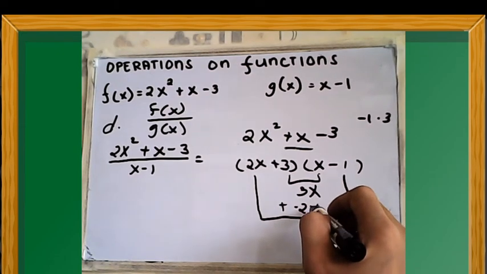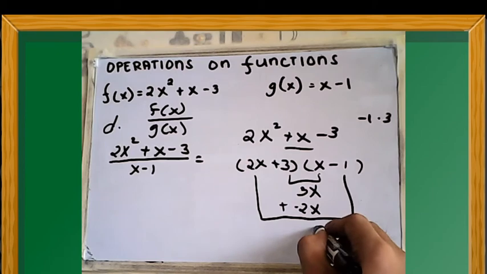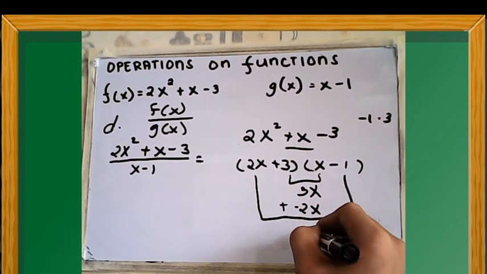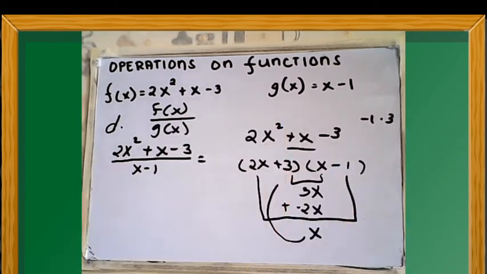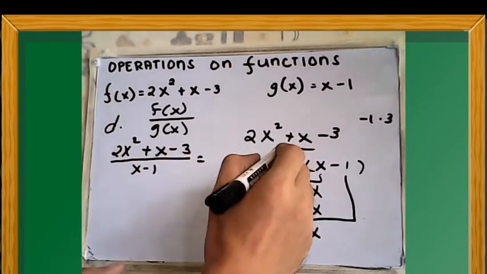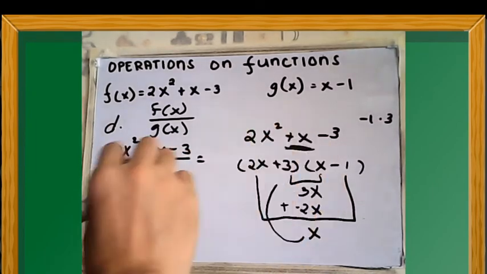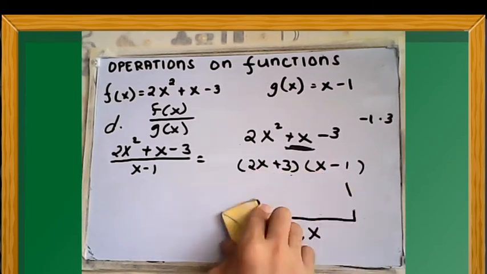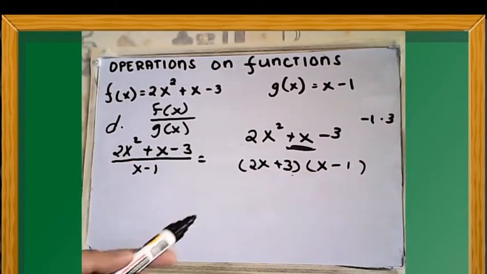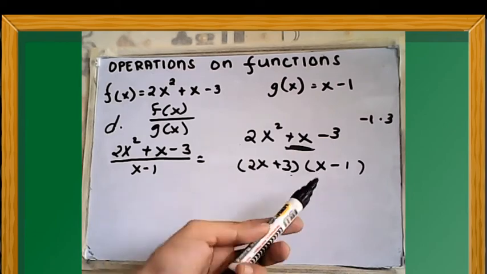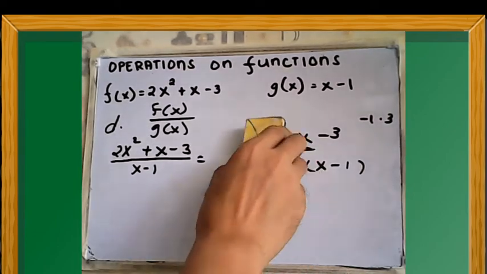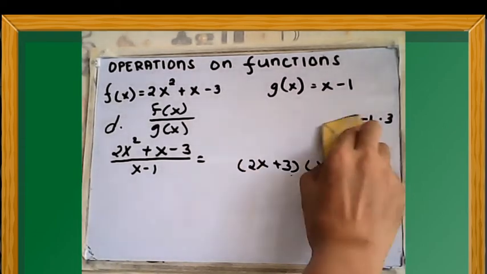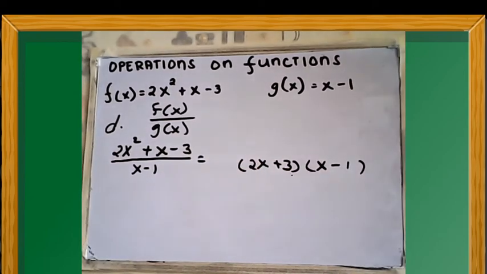So 3x plus negative 2x is positive x. So tama siya dun sa nasa middle term natin na plus x. So ang gagamitin natin ay ito: 2x plus 3 multiplied by x minus 1. So ito ngayon yung factor niya.